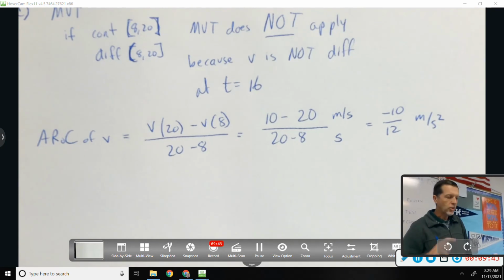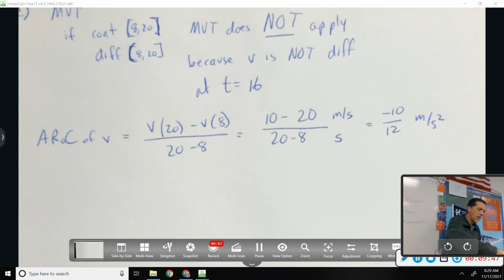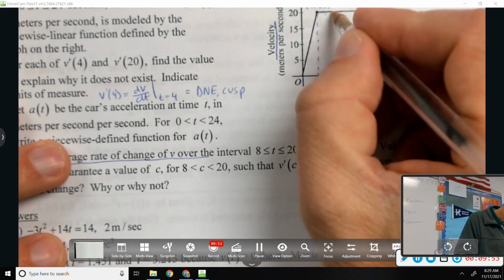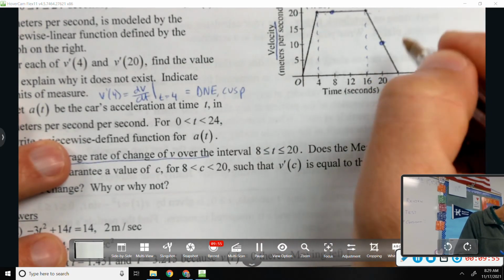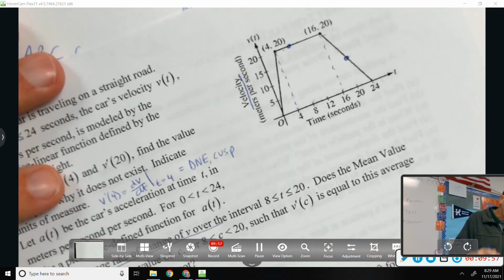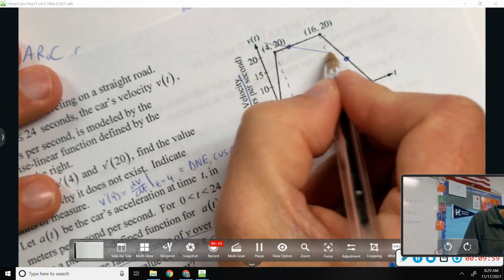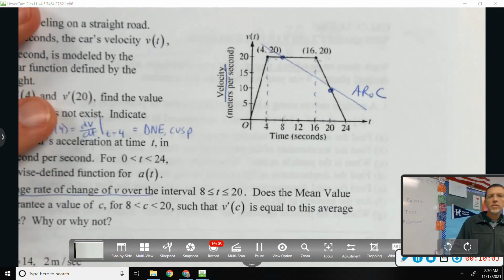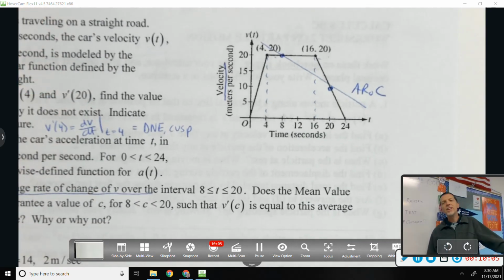That's the average rate of change between time equals 8 and time equals 20. So there's our AROC slope. And there's no place that the IROC slope equals that because it's not differentiable.